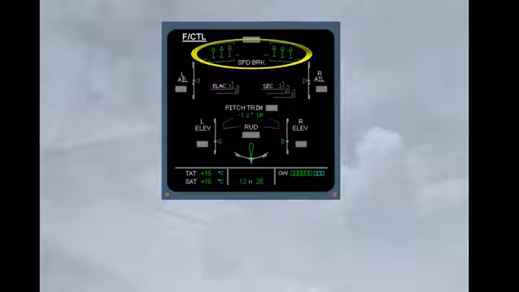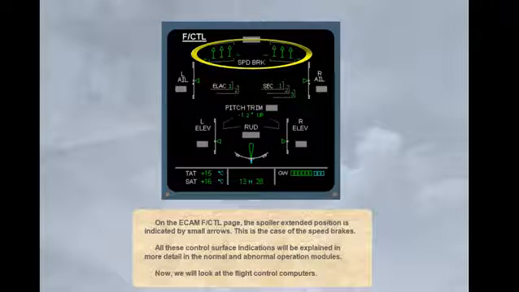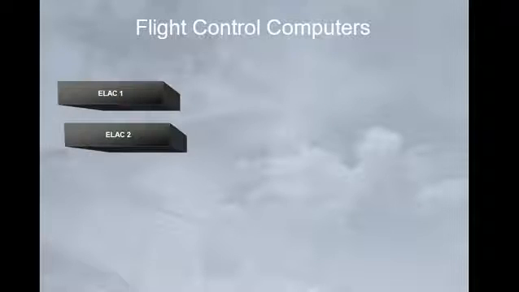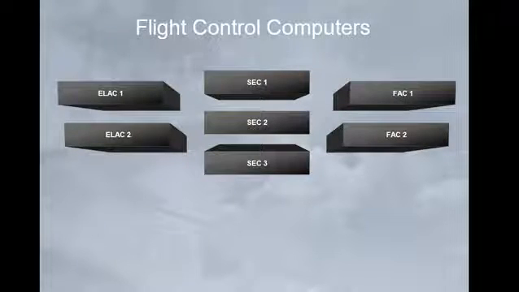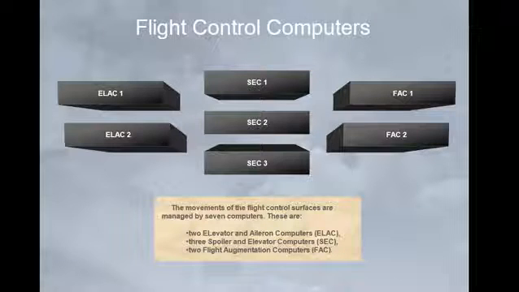Now we will look at the flight control computers. The movements of the flight control surfaces are managed by 7 computers. These are 2 elevator and aileron computers, ELAC, 3 spoiler and elevator computers, SEC, 2 flight augmentation computers, FAC.